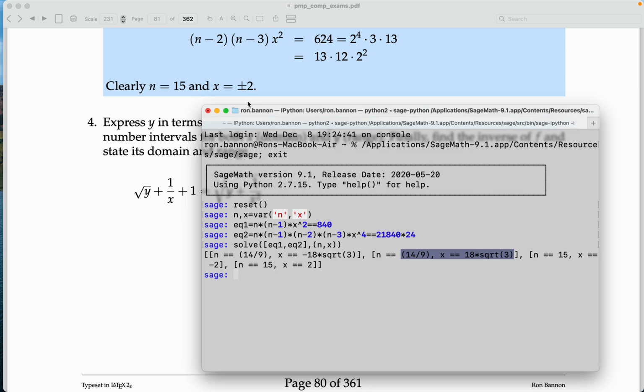All right, so the point of this is not to use Sage to do the problem. The point of this is to do the problems with paper and pencil, but at some point in the future, especially if you're going into applied mathematics, you're going to have to learn how to use a computer algebra system. And Sage is an excellent choice for learning how to use a computer algebra system.